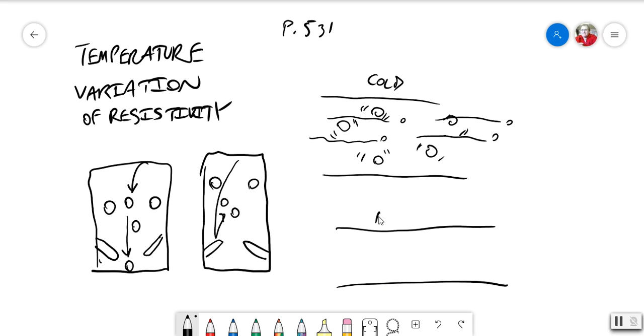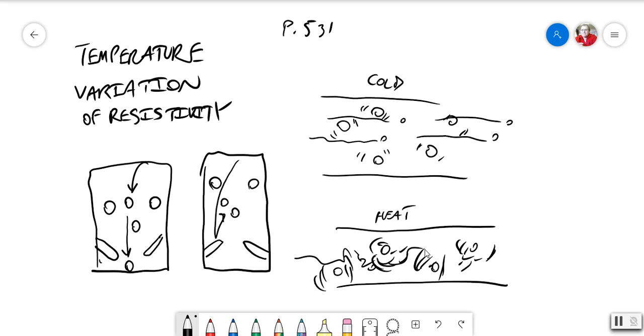Heat it up, though. Now, atoms are vibrating all over the place, and they're going to interfere with the electrons getting through much more. So the resistance, R for resistance, increases.